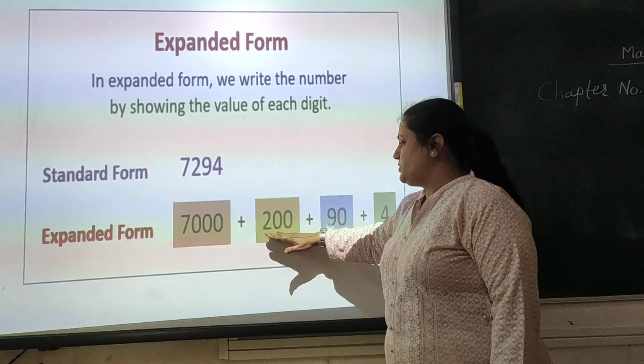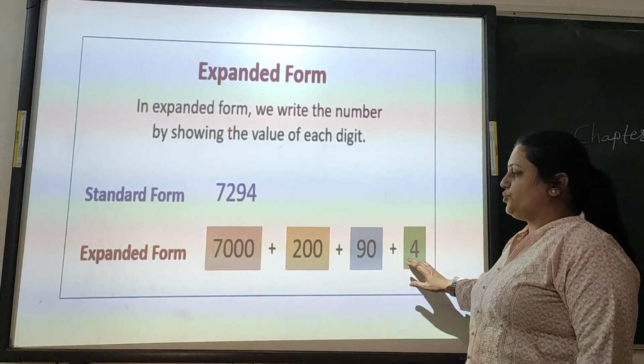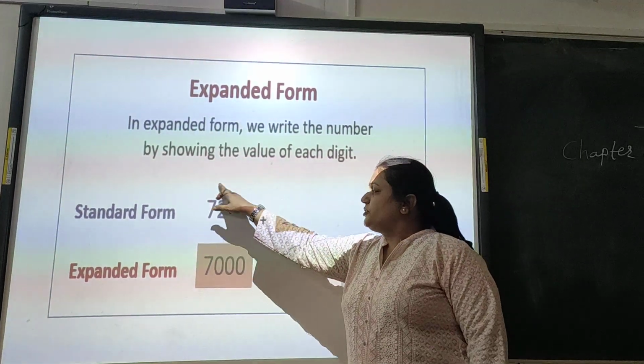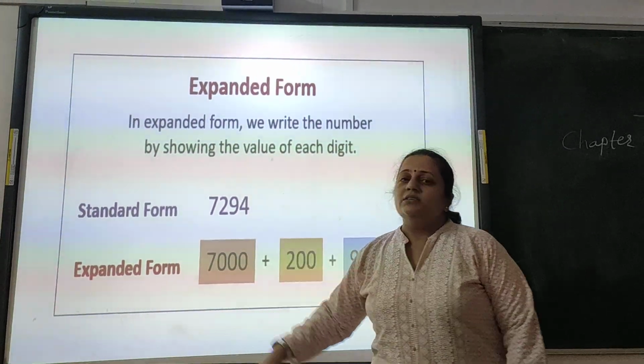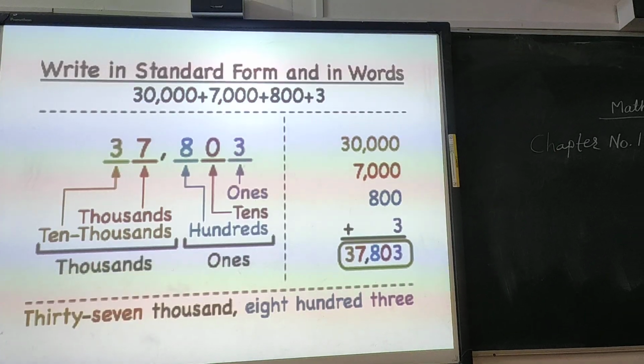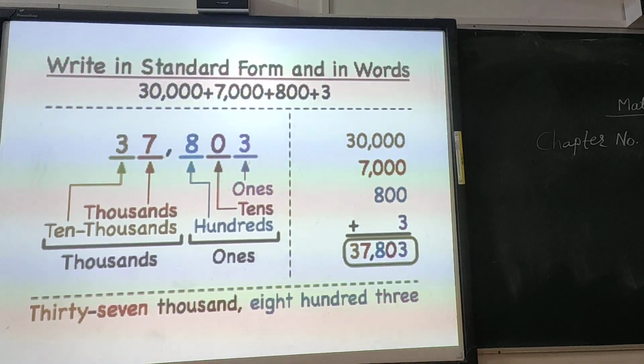So 7000 plus 200 plus 90 plus 4. This is called expanded form. And when we write the addition or answer, it is called the standard form. Okay children, so hope you understood what is meant by expanded form and what is meant by standard form.